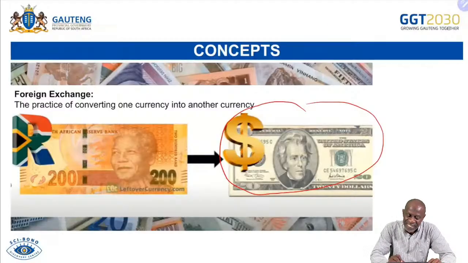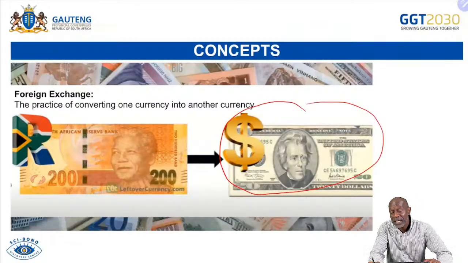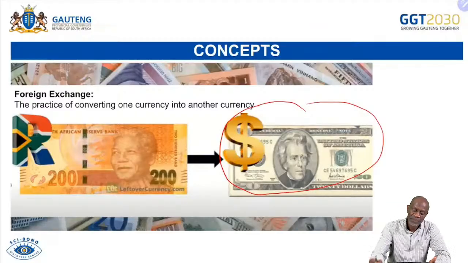And in this case, you are exchanging the rands into US dollars. So foreign exchange suggests converting one currency into another currency. So in ordinary language, we say we are swapping. So when we swap money so that I can get access to the goods and services of a specific country, that is our concept foreign exchange.